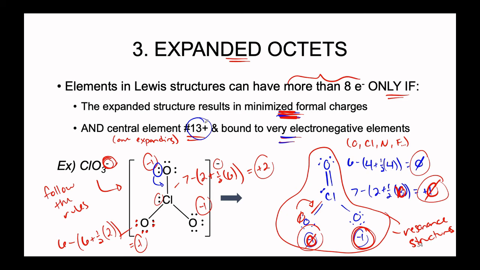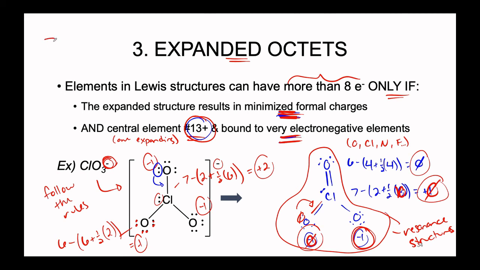We can further do so, however, if your atom, again, is greater than number 13, and if it is bound to very electronegative elements. If your central atom is not greater than number 13, you cannot expand the octet.